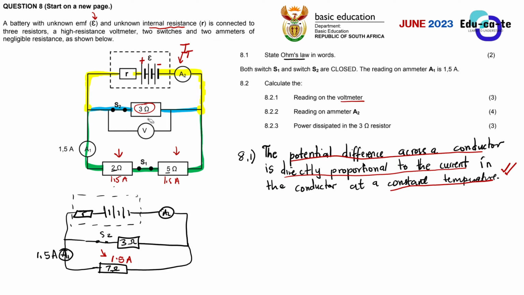So the voltage across this 3 ohms resistor is being measured by this voltmeter V. So when they say calculate the reading on the voltmeter, they are actually looking at the voltage found across this 3 ohms resistor. Remember, voltage is simply the energy that is given to the charges.